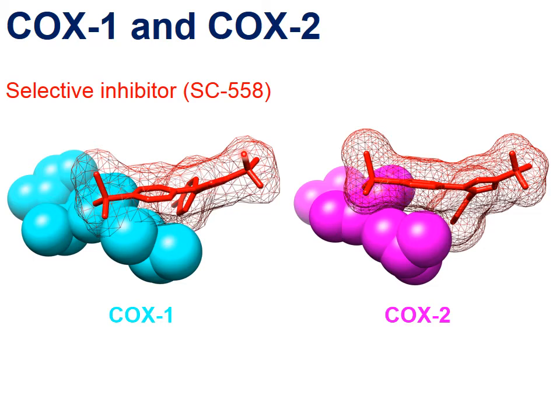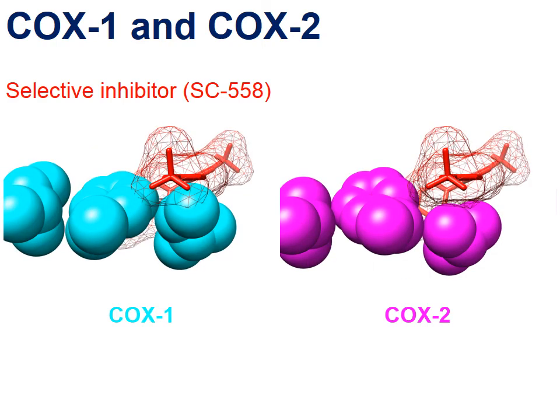But in case of the COX-1, you can see that there is no room for this larger selective COX-2 inhibitor. You can see it clashes with some of the side chains, so there's basically no space for this selective inhibitor to bind to the COX-1. But because the pocket is slightly larger in COX-2, there is room for the selective inhibitor to bind, and it will inhibit COX-2 but not COX-1.